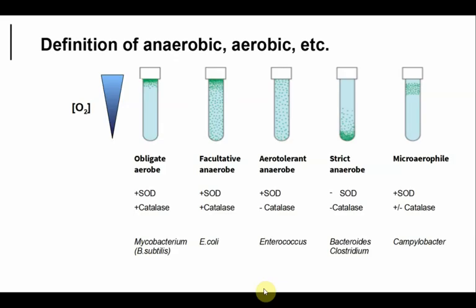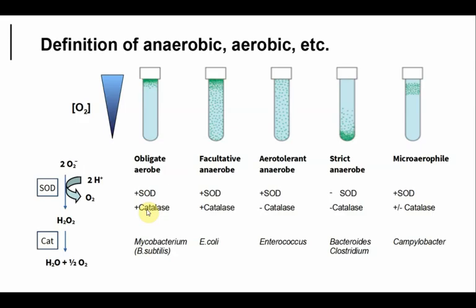Whether bacteria can survive in the presence of high concentrations of oxygen depends on two enzymes: superoxide dismutase and catalase. Superoxide dismutase catalyzes a reaction that adds a couple of protons to the oxygen radical, which is a molecule of dioxygen that has accumulated an extra electron.